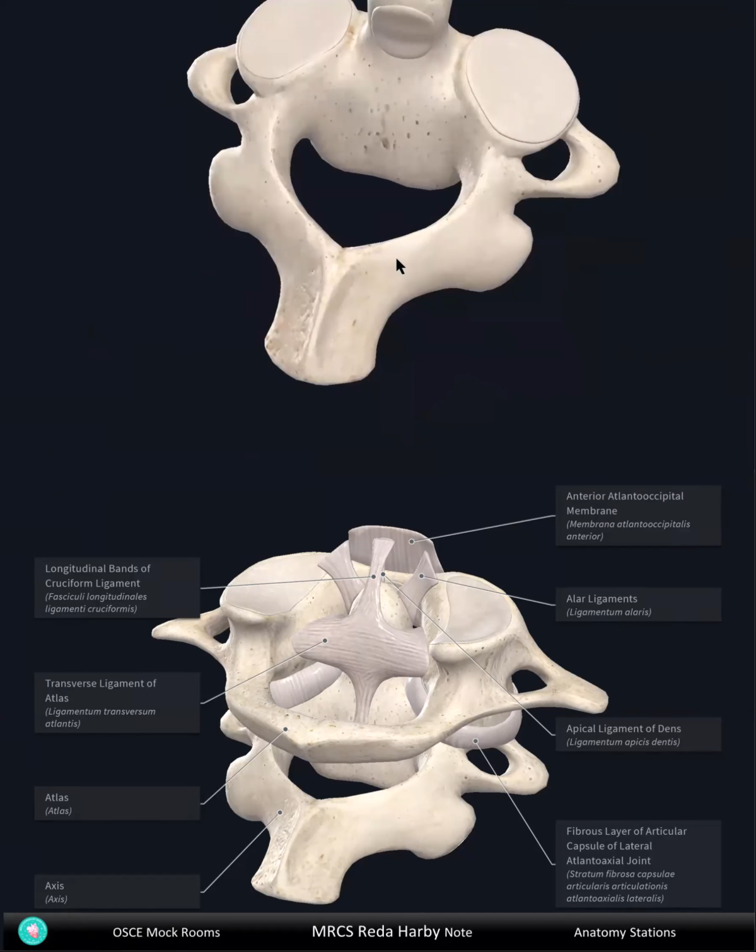Paired lateral atlanto-axial joints are classified as synovial joints between the lateral masses of C1 and C2, and the median atlanto-axial joint, or atlanto-dental joint, is a pivot joint type.